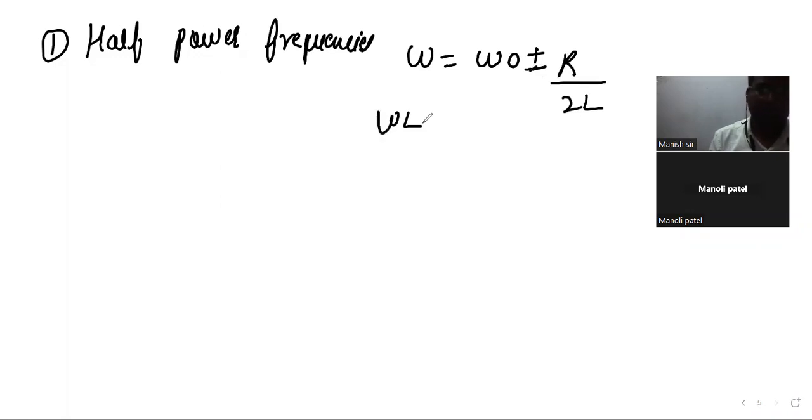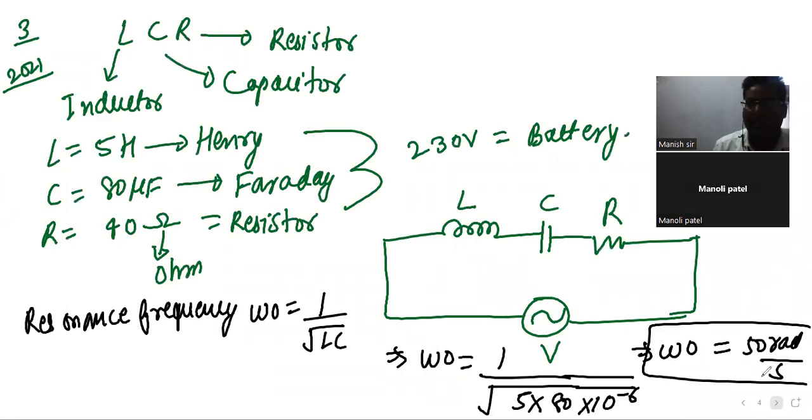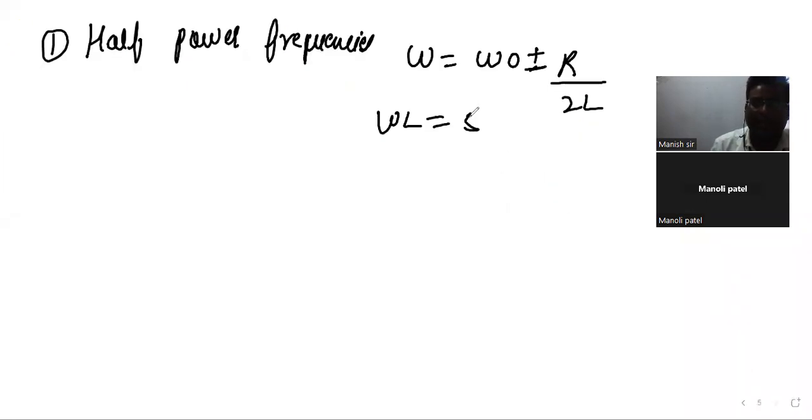So omega L is equal to omega naught, whose value we have calculated in the previous slide, you can just mark it out. It is 50 radian per second. So right here 50. And for the inductor, it is lagging, so it is minus. R value we know, that is 40, divided by 2. L value that is given 5, right? So L value is 5 Henry, right?